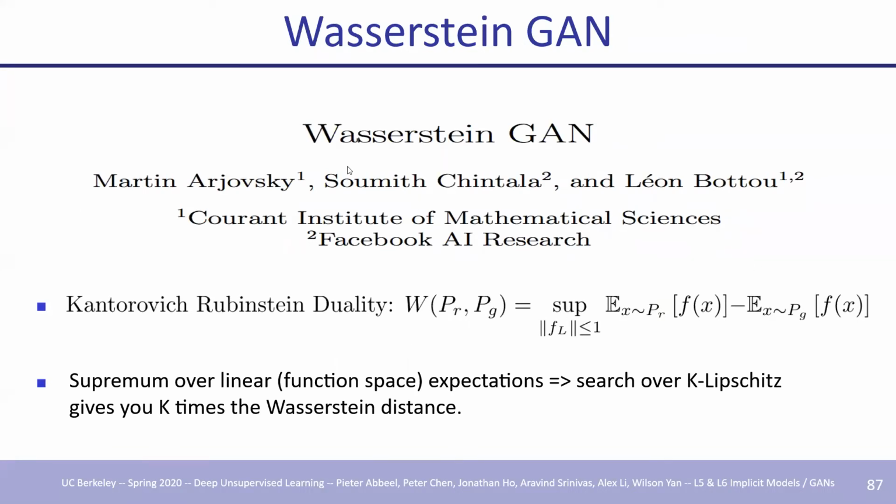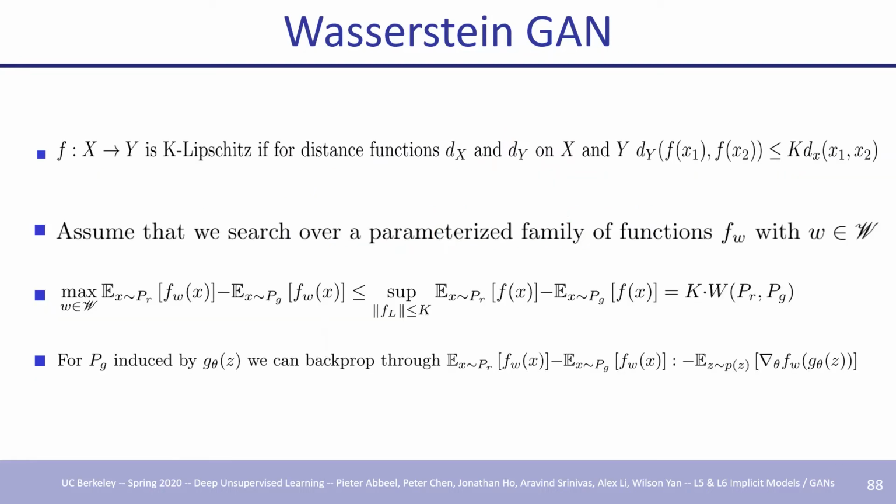Okay, and so this is the paper and the Kantorovich-Rubinstein duality, the same formulation we looked at. We take the supremum over K-Lipschitz functions, and it gives us the Wasserstein distance. This is the definition of the Lipschitz function.